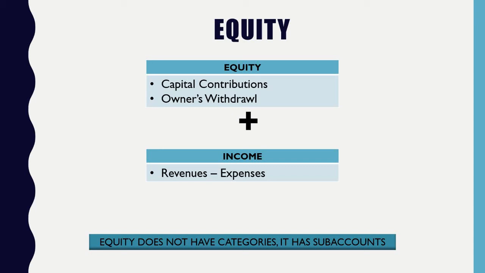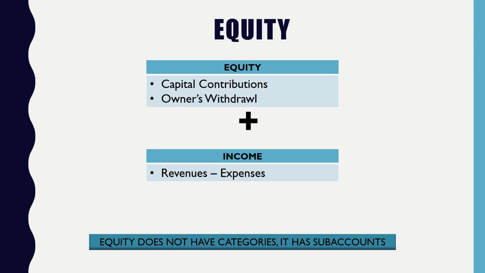Equity, right? There are no categories under equity, okay? Here, this is just examples of what equity can entail, things that can affect whether it could increase or decrease equity. So, when we talk about equity or the statement of equity, we understand that as a sole proprietor, looking at a small business standpoint, this is what you typically will have.